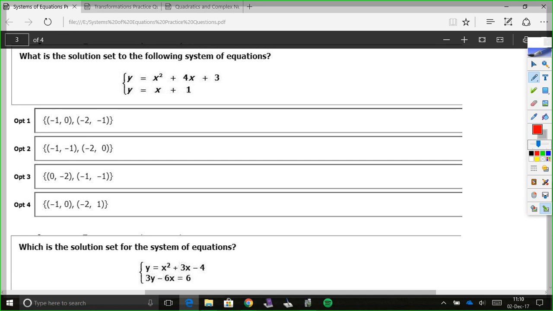Alright, so let me rewrite these equations. I have y equals x squared plus 4x plus 3. And then I'm going to write the next equation in the same layout. You'll see what I mean. The next equation, y equals x plus 1.